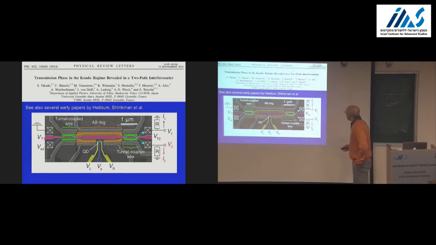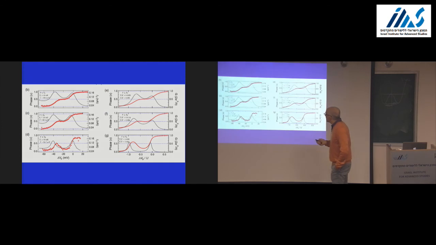But very recently, about a year and a half ago, there was a beautiful Japanese, French, and German paper in which finally the controversy was resolved, and a two-path interferometric measurement really showed the pi/2 phase shift in the Kondo regime, which is what you see here. So I just want to advertise this long history of work revealing the pi/2 phase shift.